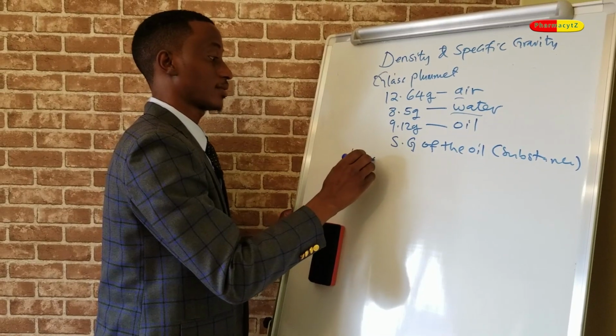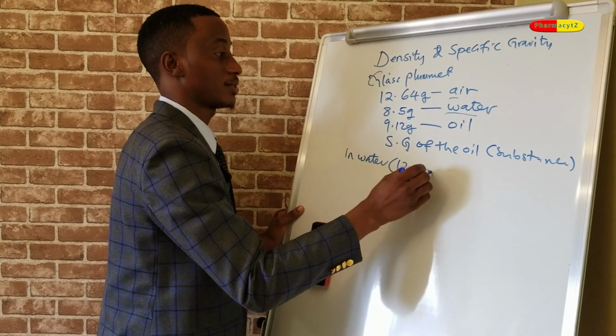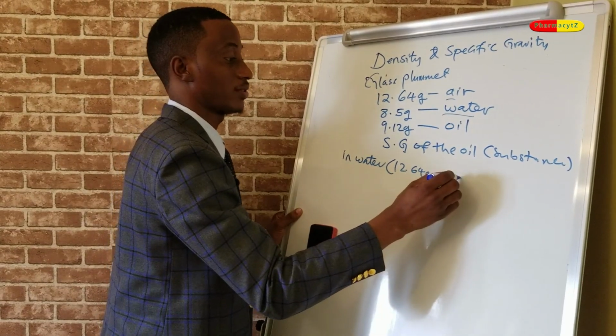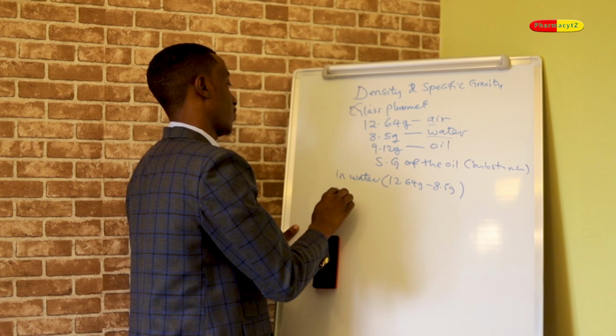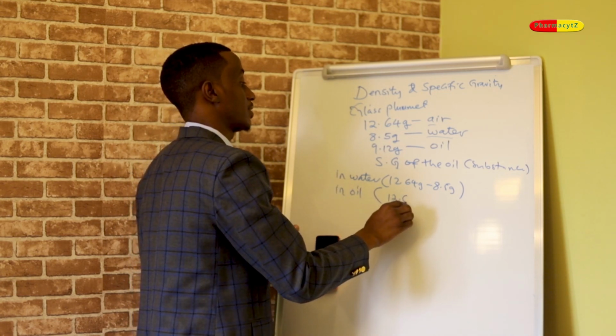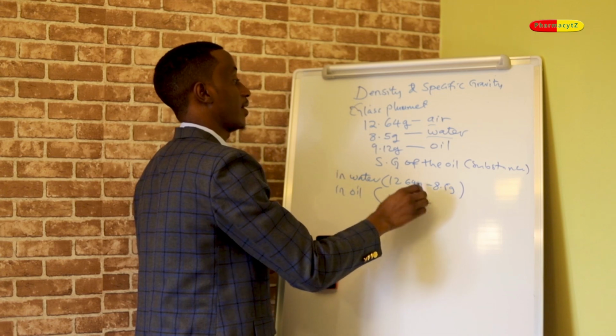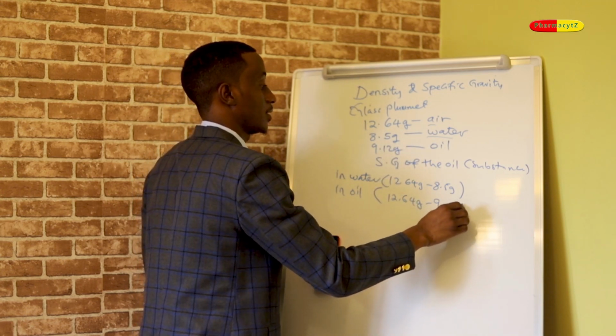So when in water, that is 12.64 grams minus 8.5 grams. Then when in oil, take 12.64 when it was free in air, subtract 9.12 grams.